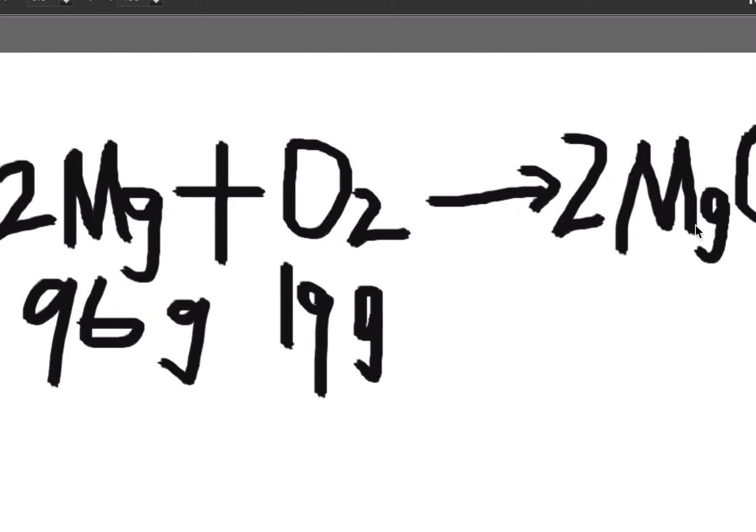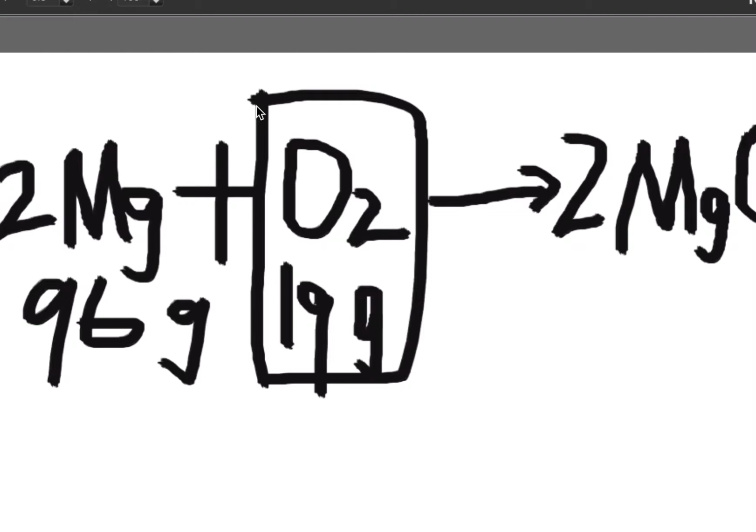So if you want to calculate the mass of magnesium oxide that's produced, since oxygen is the limiting reagent, we need to adapt to this limiting reagent.